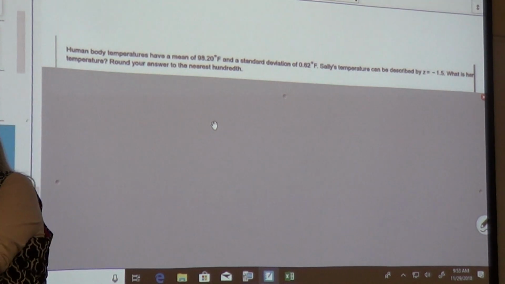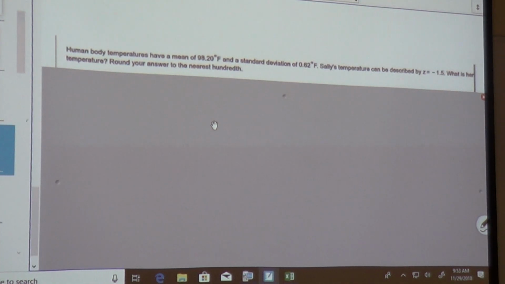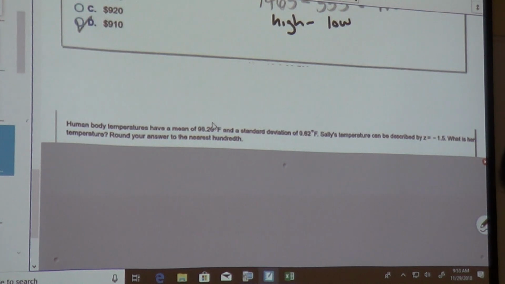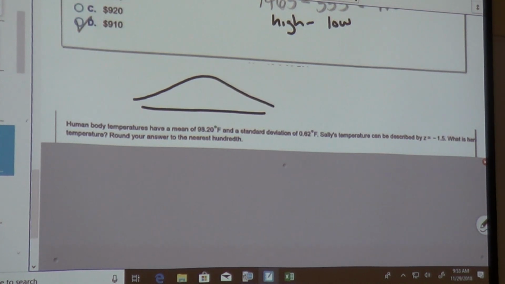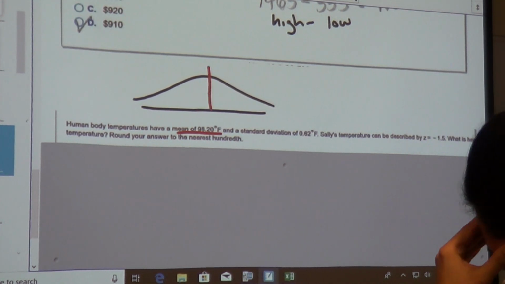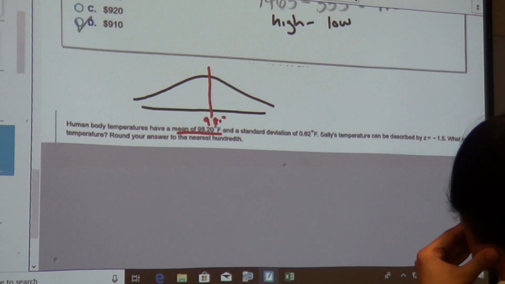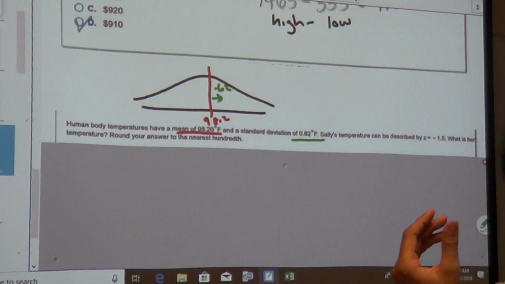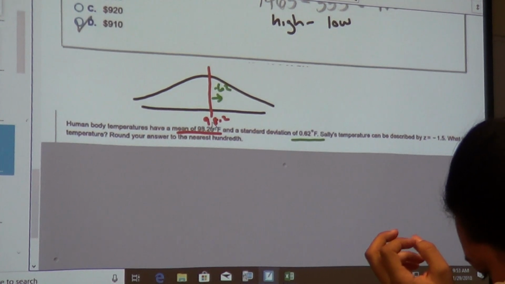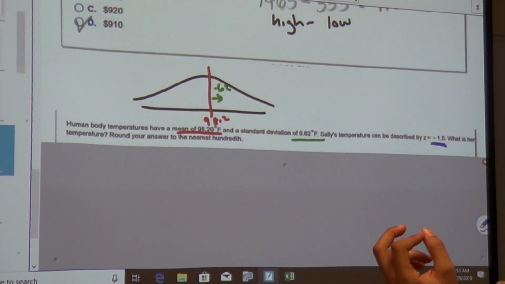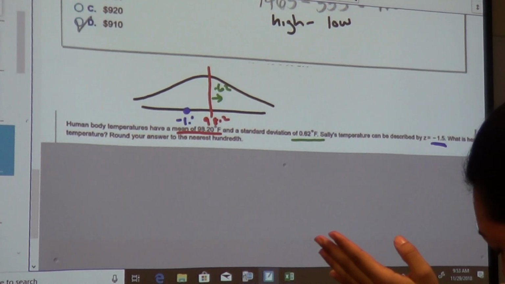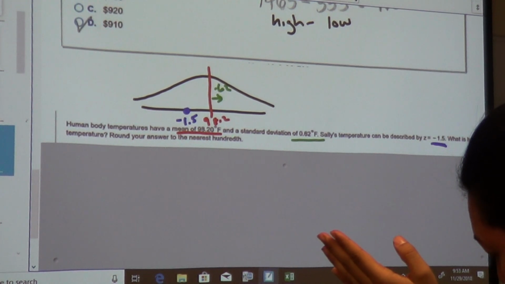Okay, so if we want to draw a picture, we have a mean of 98.2. We have a standard deviation of 0.62. And we have a z-score, it's negative, which means it's going to be on the left, of -1.5. I want to know what is her actual temperature.